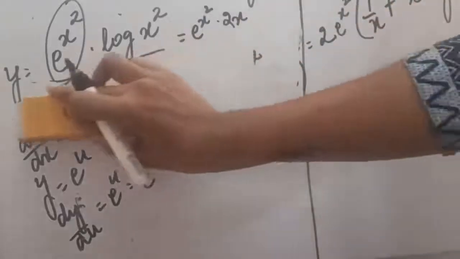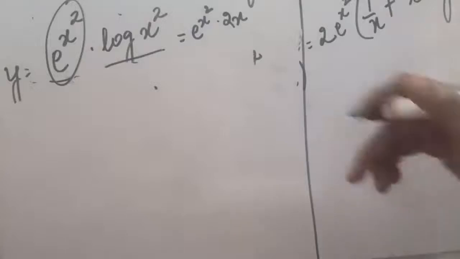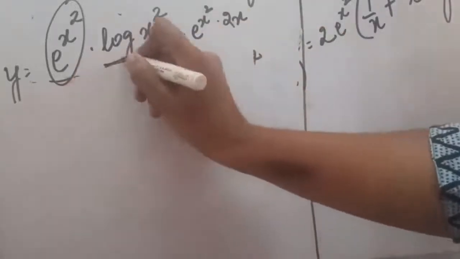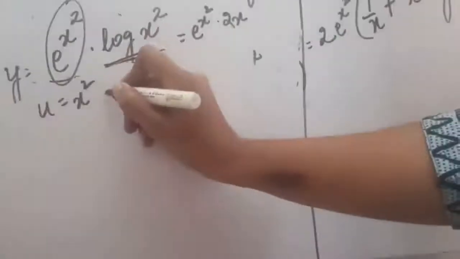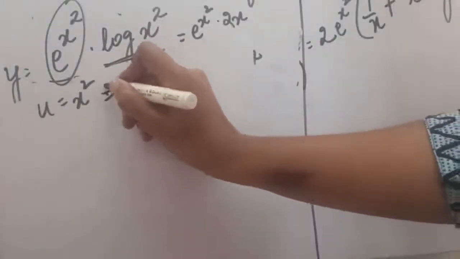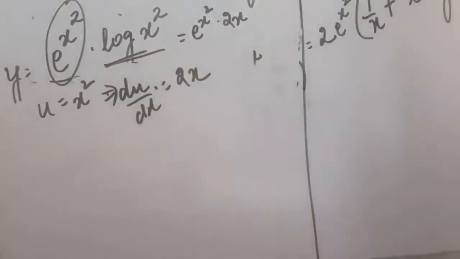Now coming to the second part, that is log x². Here we can assume u again to be x², and from here du upon dx will again be 2x.